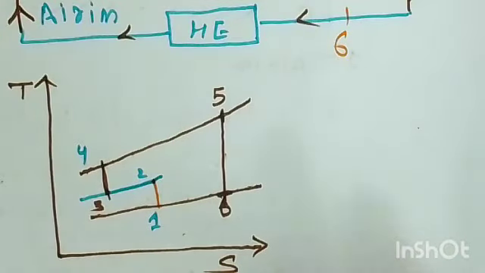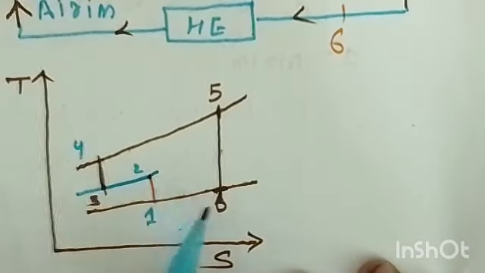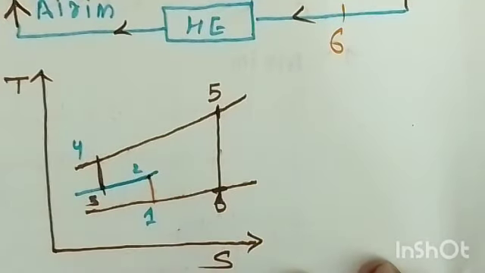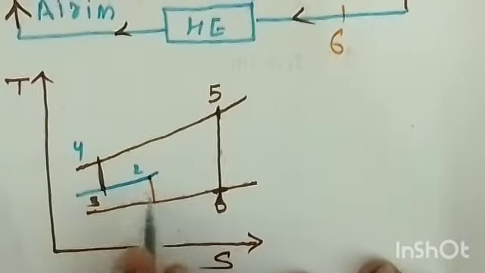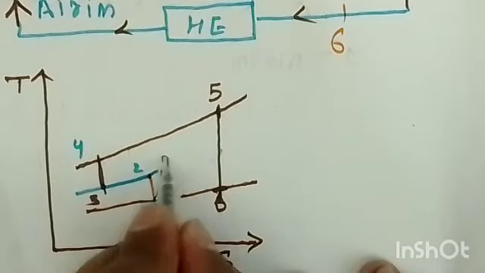So what is actual? Actual is nothing but irreversible adiabatic compression and irreversible adiabatic expansion, right? So here I'll show you the actual process with this black color pen, right? So now this is your 1 to 2 dash.